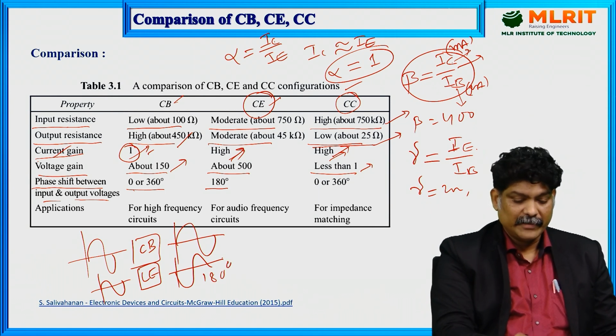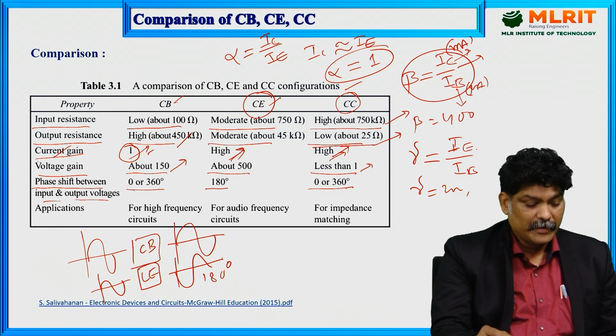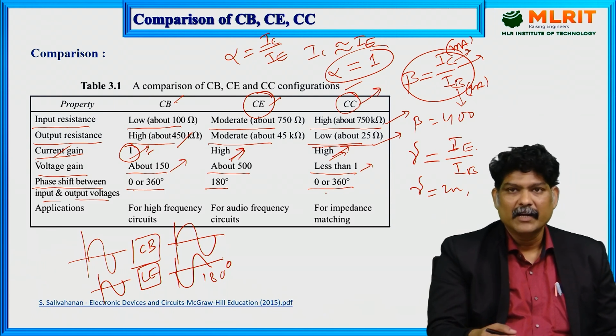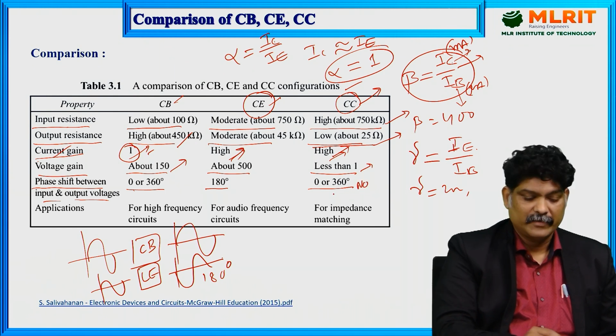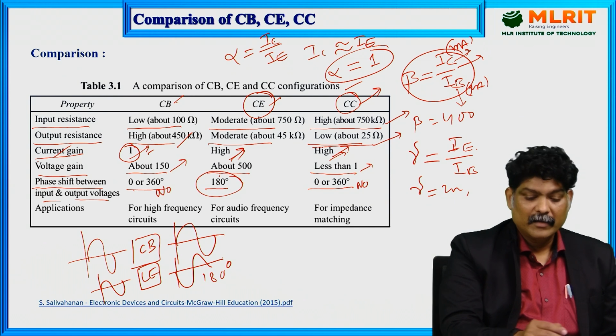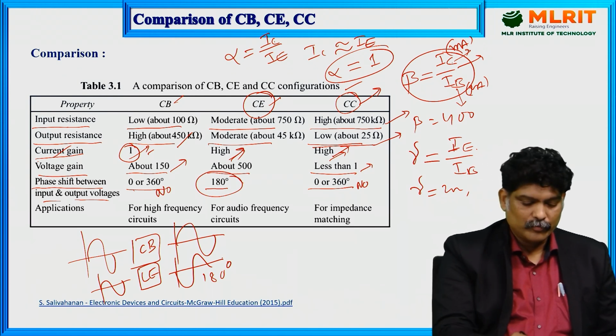For common collector configuration, the phase shift is again 0 degrees, no phase shift. So only for the CE amplifier is there a phase shift between input and output.